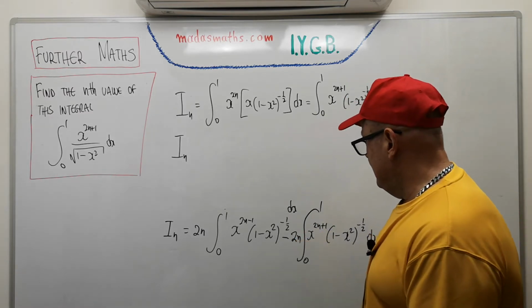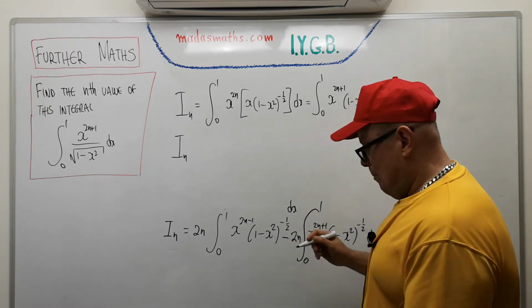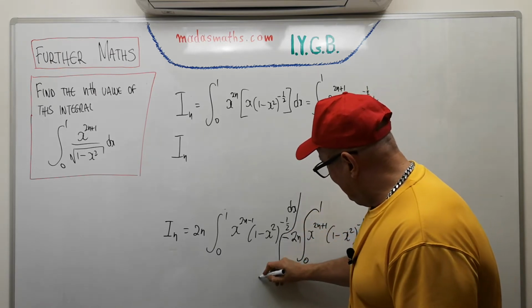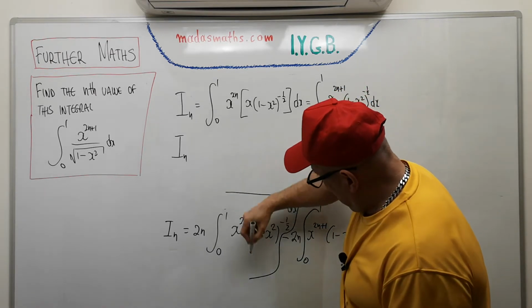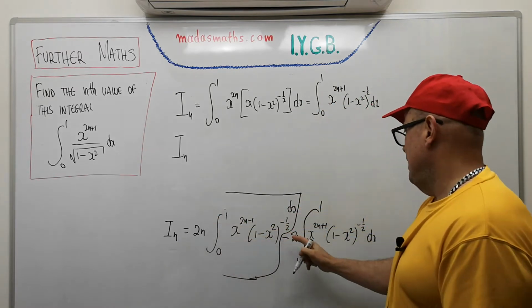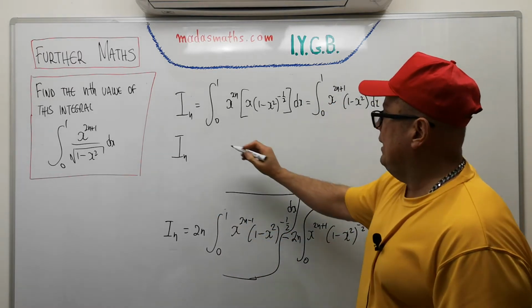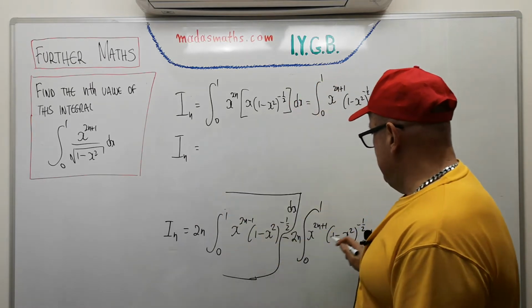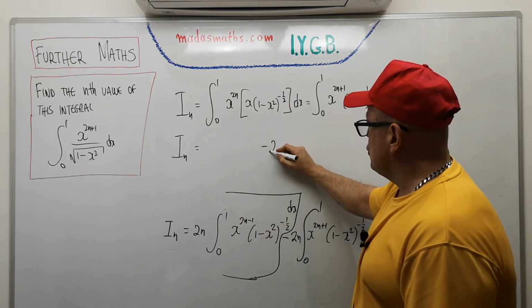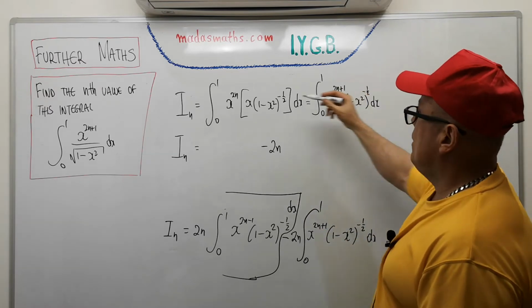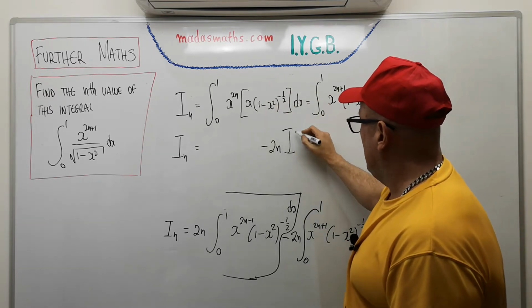It looks like a total and utter mess there. I do apologize. I just don't want to write this again. So we've got that, minus 2n lots of that. Quite clearly I_n is equal to minus 2n, and this is exactly the same as my I_n, so that's definitely I_n.